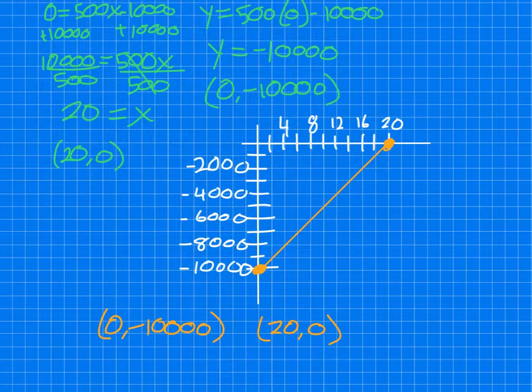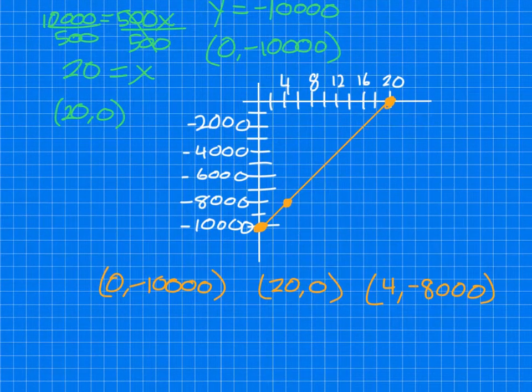But using our graph, we can see a lot of other points. For instance, at 4 minutes, see how that line crosses exactly through that intersection of the grid area there? We know that at 4 minutes, the elevation is negative 8,000, just from looking at the graph.